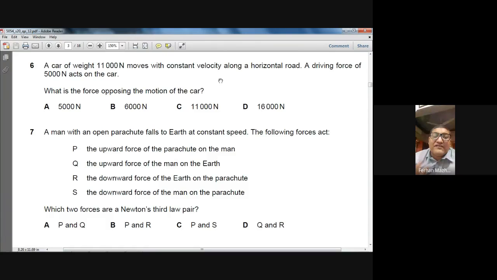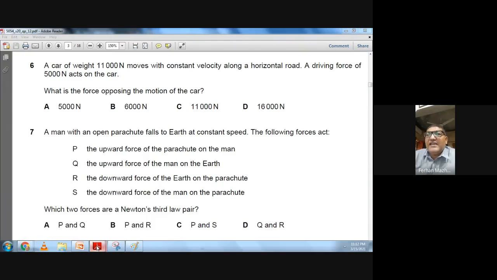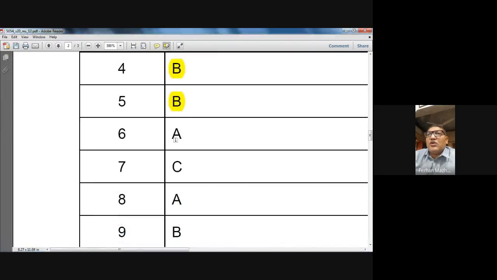So if the forward driving force is 5,000 Newton, the resistive force should also be 5,000 Newton. So the resultant will become 0. Acceleration will be 0. Vehicle will move with constant velocity. So A looks the answer. A is the answer. Question number 6, A is the right answer.